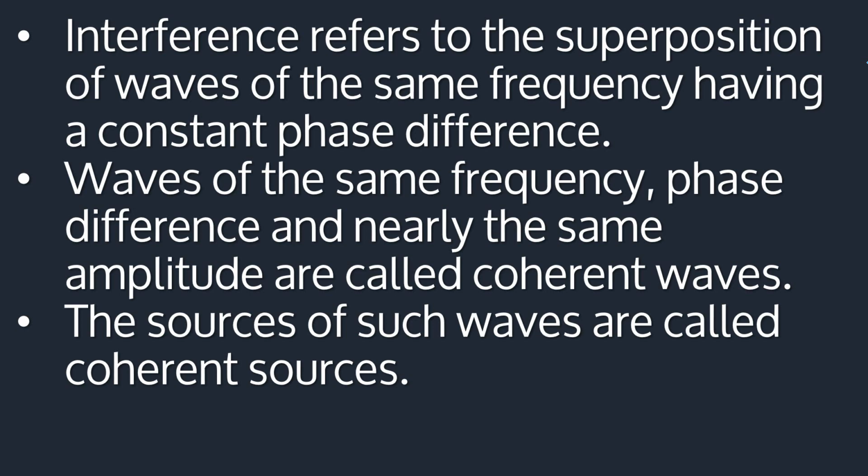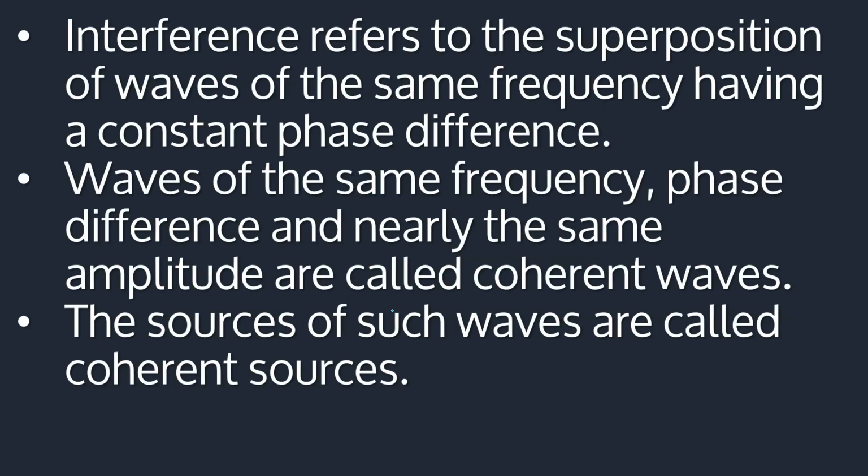Now, what is so special about coherent waves? The frequency has to be the same and the amplitude has to be nearly the same. And we are saying that the sources of such waves are called coherent sources. Please don't forget that.